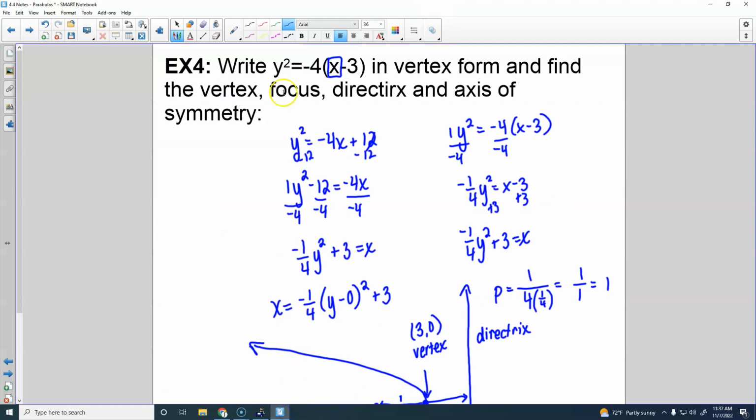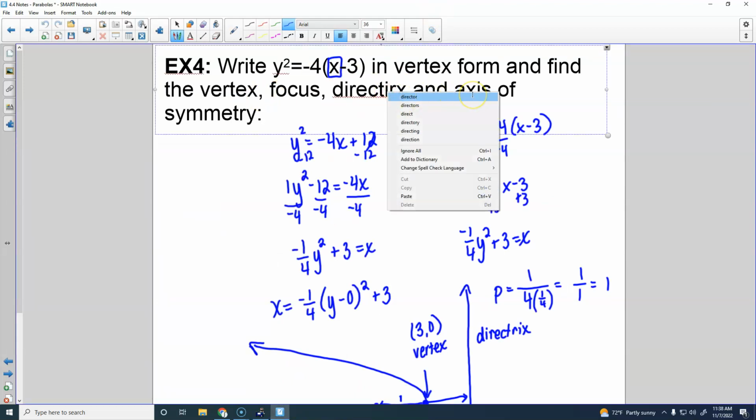What? Let me see if this is a case. All right, so Smart Notebook, its spell checker is not as good as some other spell checkers. So sometimes with a lot of math words, it's not smart enough to spell check them right.